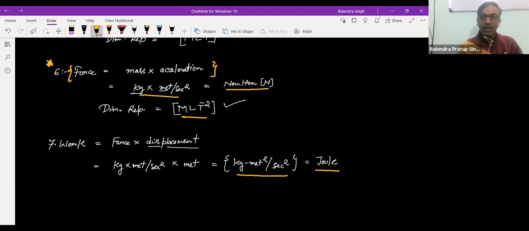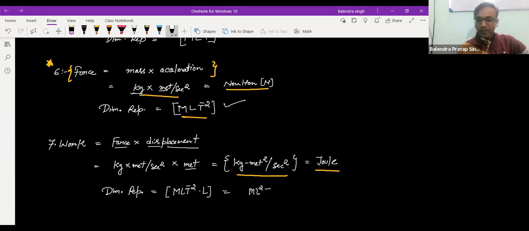Now what is the dimensional representation? As you know, we define force as MLT minus 2, into displacement meter, so into L. So this is ML square T minus 2.